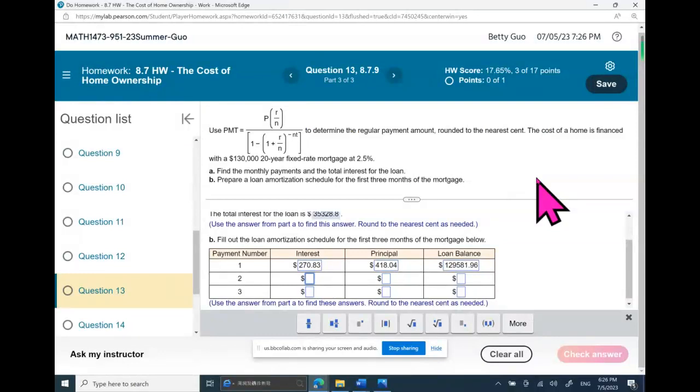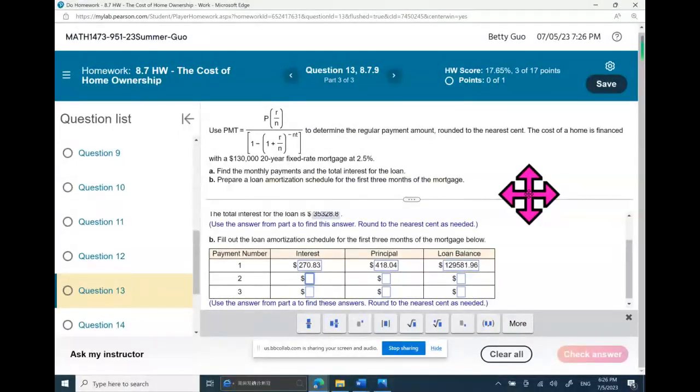And so let's see the second month. What's the second month's interest? The second month's payment is still 688.87. How much of it goes to the interest? We are going to use the monthly interest rate multiplied by this balance that we just got. You should still have the number on your calculator, right?